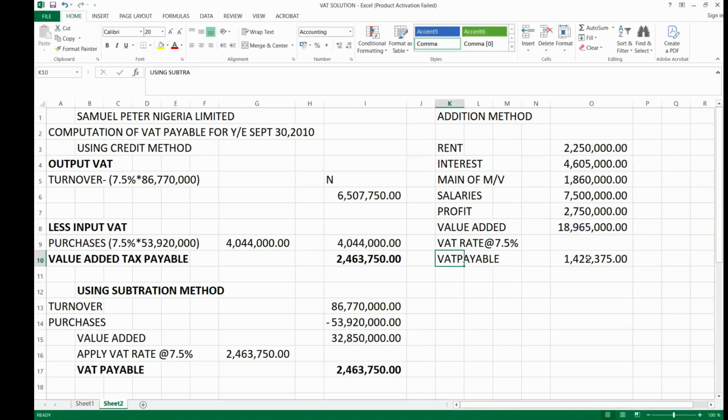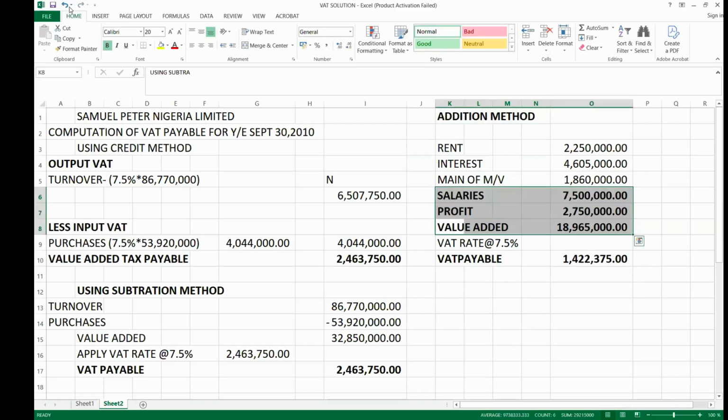The answer will not be the same as under the addition method. Some companies adopt this method. Usually the advanced countries adopt this method. But in Nigeria, we only use the invoice credit method. Please, these other two methods, the addition and subtraction methods, are only what you adopt where the examiner asks you to use them.